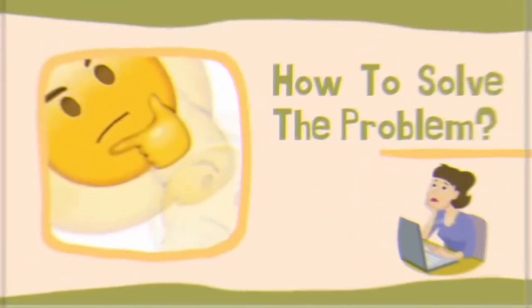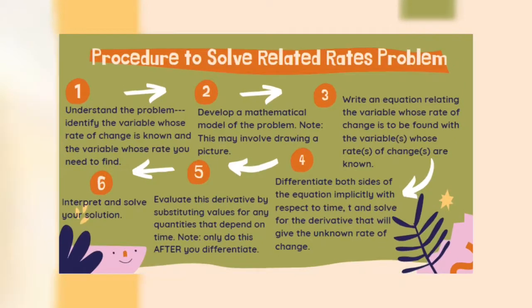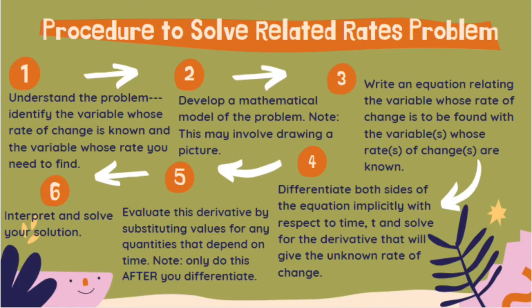Furthermore, how to solve the related rates problem? There are a few steps to solve related rates problems. Firstly, understand the problem. Identify the variable whose rate of change is known and the variable whose rate you need to find. Secondly, develop a mathematical model of the problem. This may involve drawing a picture.